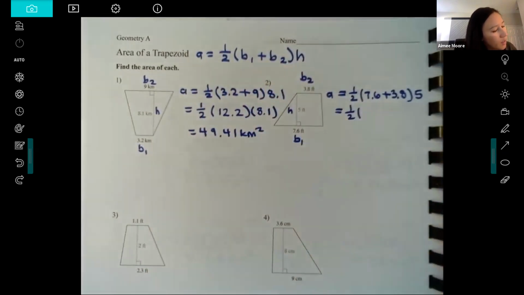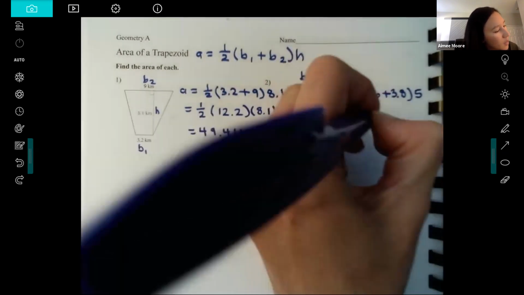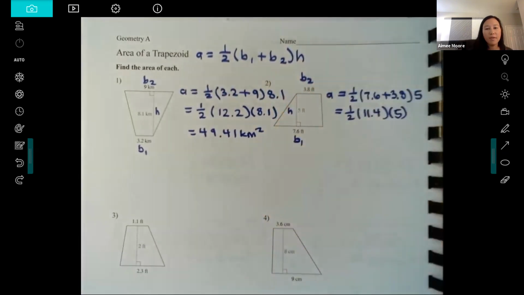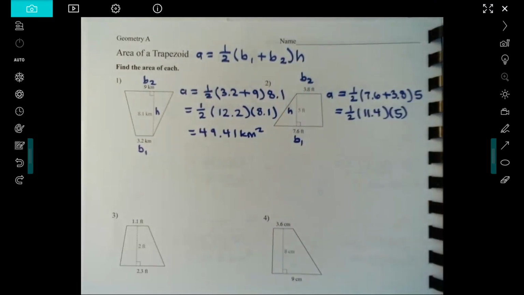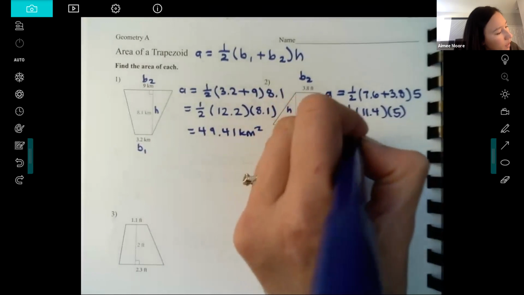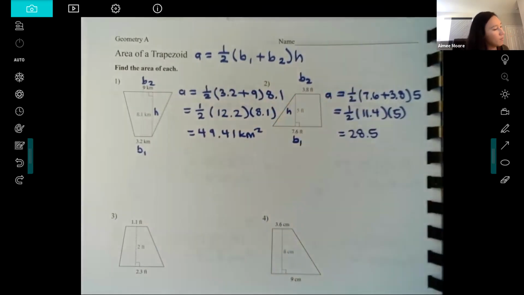So 7.6 plus 3.8, which is 11.4 times 5. And then we'll use a calculator. 0.5 times 11.4 is 5.7 times 5, which is 28.5.